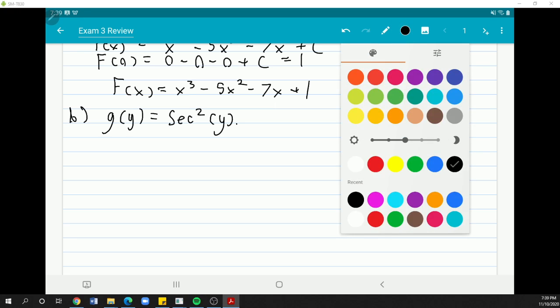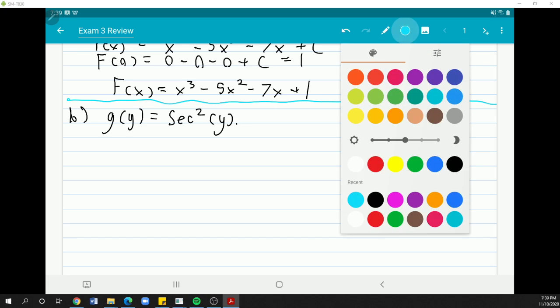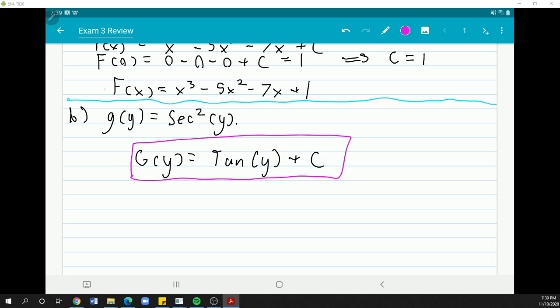Because if you don't remember it, there's very little way you're ever going to get this problem. But if you do remember it, it's super quick and easy. So what's the relationship? The derivative of tangent of x is secant squared. So g of y is tangent y, and then because I'm taking a general antiderivative, plus c.